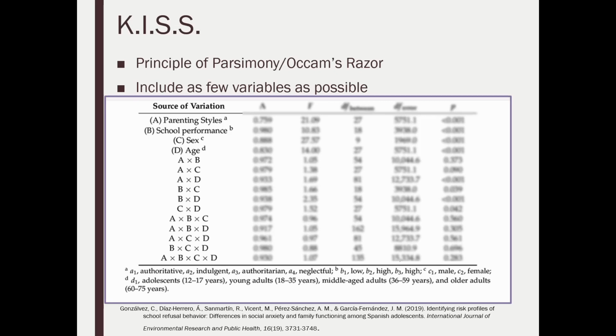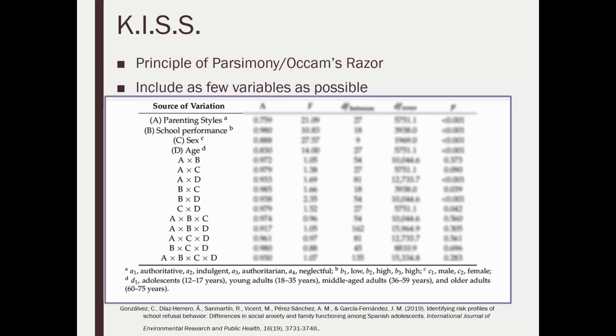And then finally, we have putting all those independent variables into one big analysis to see what impact these four variables have as a group. So now we want to see whether people with certain parenting styles, I can't say parenting styles, it's really hard, and certain school performance levels, and one sex or the other, and their age are different from people who have a different parenting style, a different school performance, the other sex, a different age, right?